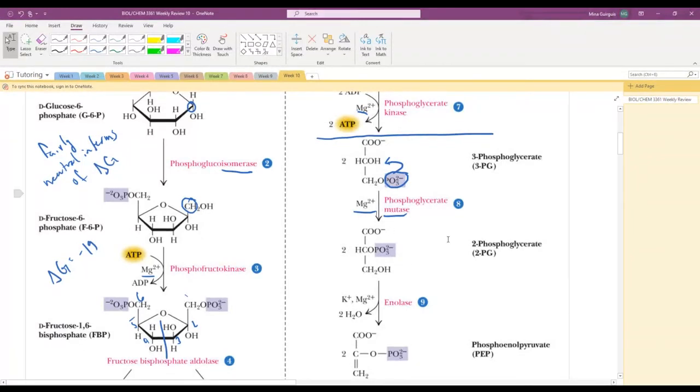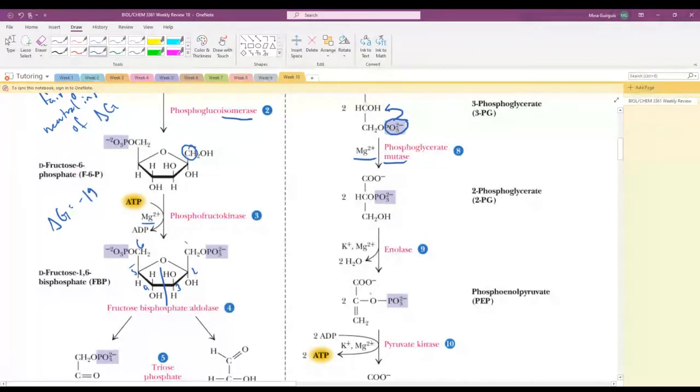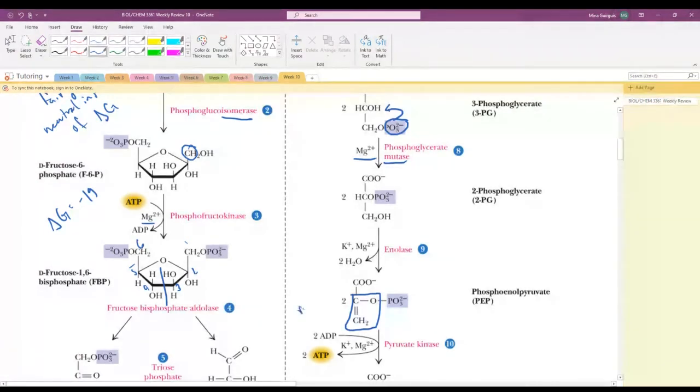All right. Finally, reaction 9 is called enolase. If you think back to organic chemistry 1, I believe it was, the keto-enol tautomerism. This is an enol. It's a double bond and an oxygen, both attached to the same carbon. This is relatively unstable.